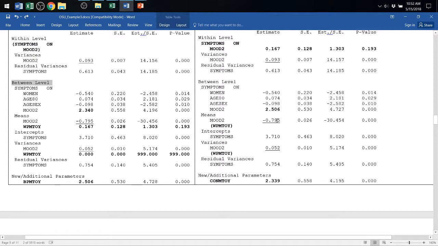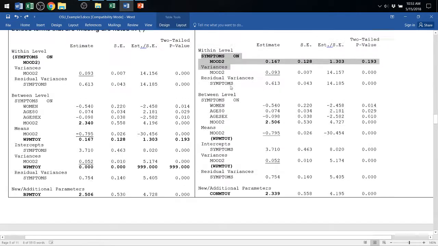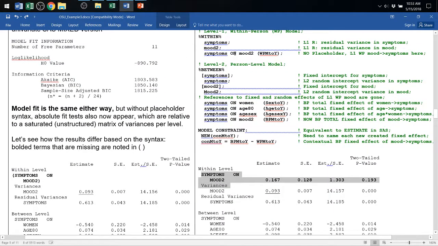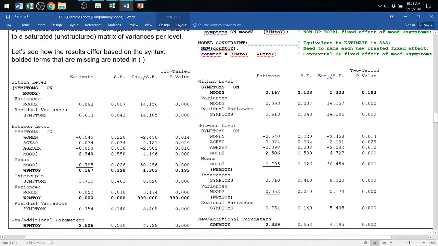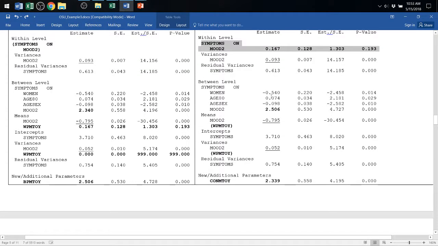The same model, statistically equivalent model, specified differently with syntax, puts the level 1 effect in the within level when you don't use a placeholder and you just put the ON there in level 1. So it shows up over here instead, but it's the same. So it's still just a fixed effect at level 1.